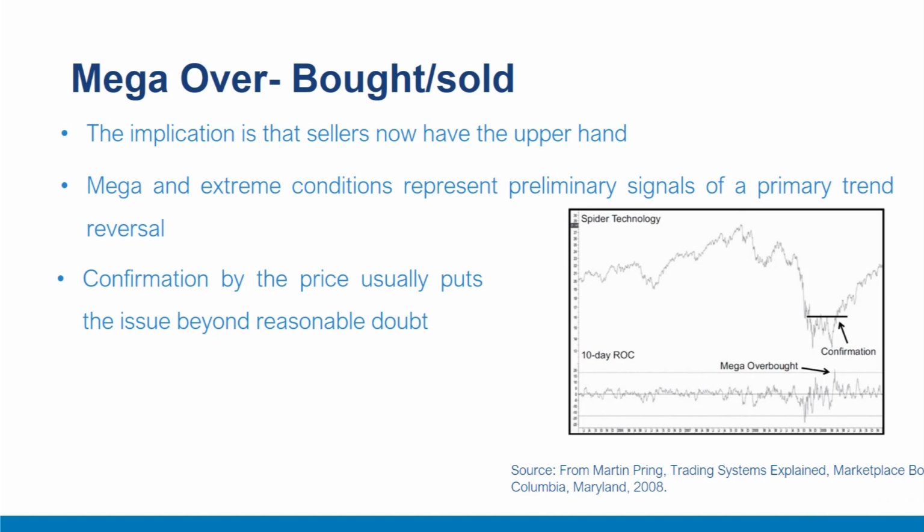Let's have a look at this figure, shown here for Spider technology. On the top we have price movement, fluctuating prices, and at the bottom we have the 10-day ROC. Notice that at this juncture there is a mega overbought level which is preceded by a long bear rally. So there is a bear market which is falling, and then there is an overbought.